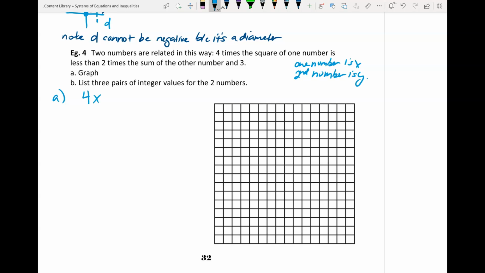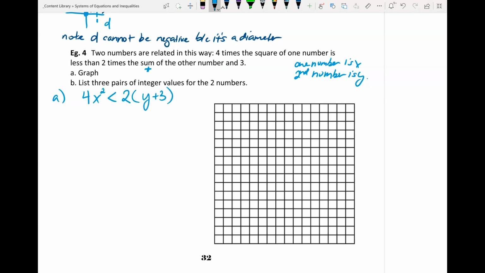So 4 times the square of one number, so we're going to square that x, is less than, so it's smaller than, 2 times the sum, which means add, of the other number and 3. So the sum of y and 3.